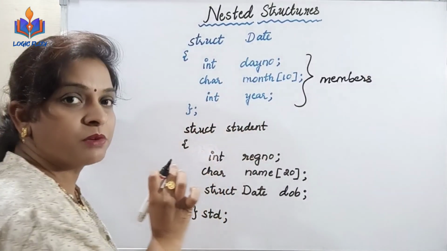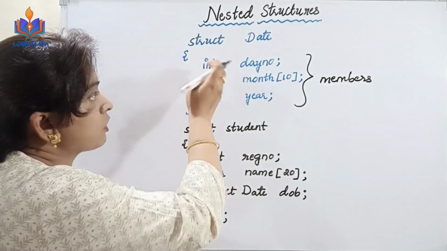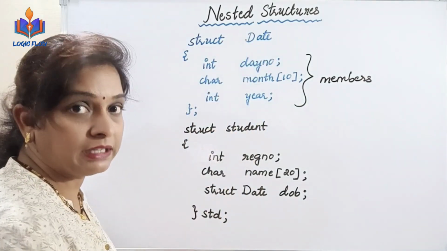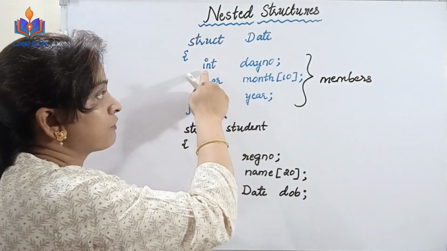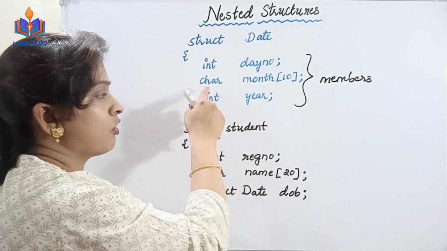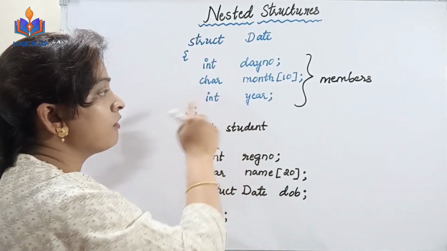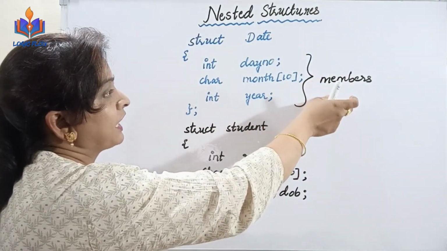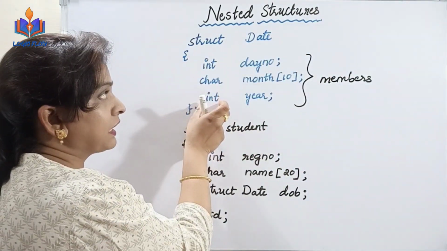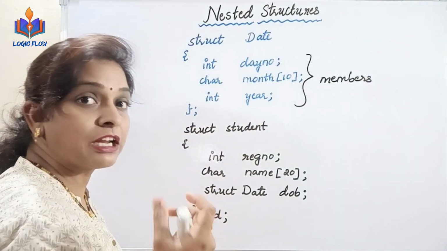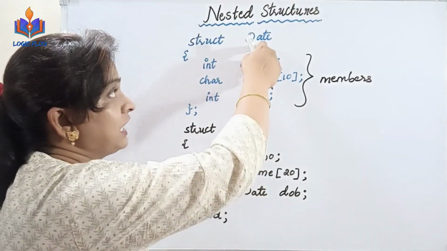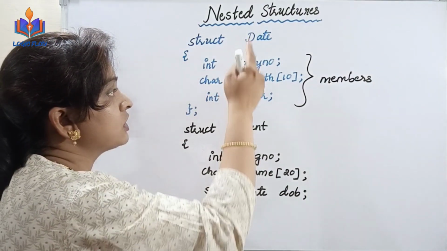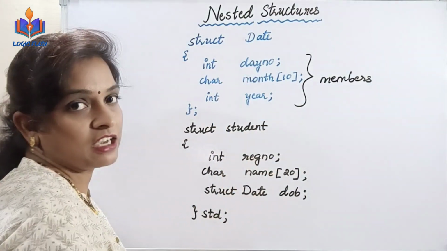So we have three members for this structure date: day number of integer type, month of character array and year of integer type. All these members are created with the help of fundamental data types. So my new user defined data type is date, that can carry three varieties of data: integer, character array, again integer.